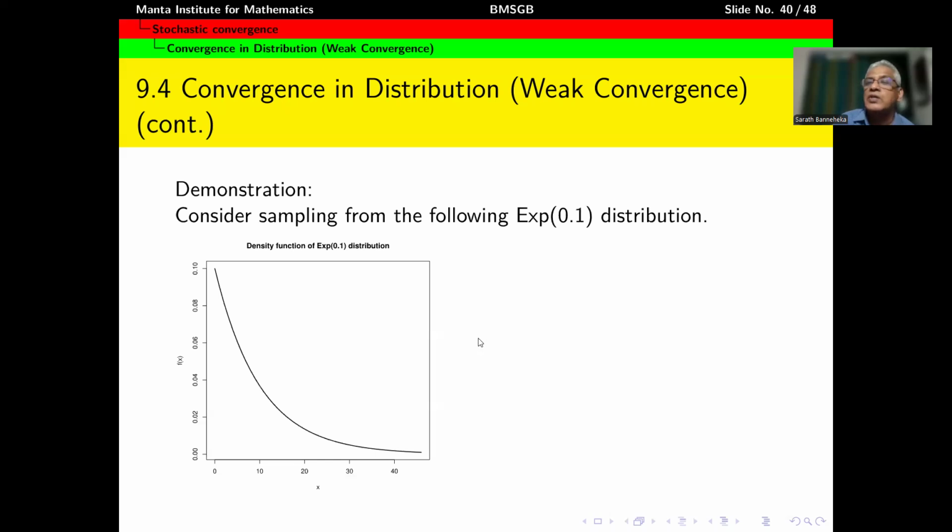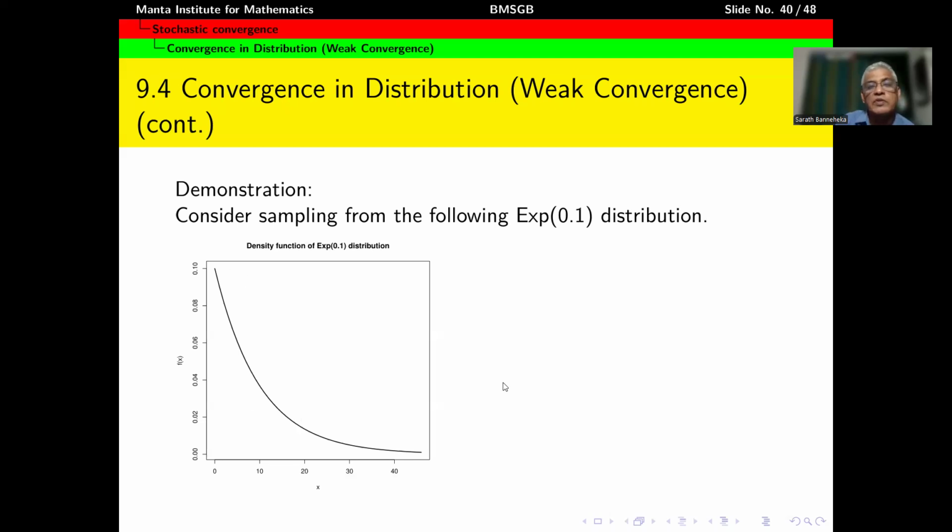So just to demonstrate that the distribution of the standardized sample mean converges to the standard normal distribution as n is increased, I'm going to consider a parent distribution from which X1, X2, X3 are coming: the exponential distribution with rate parameter 0.1.